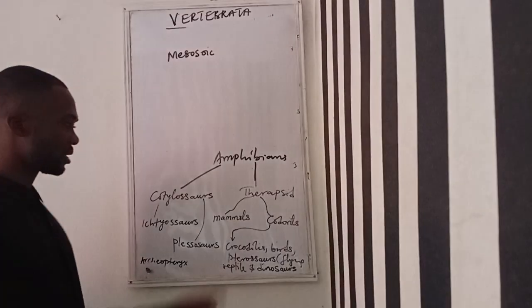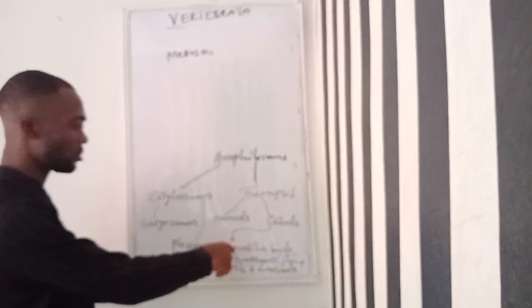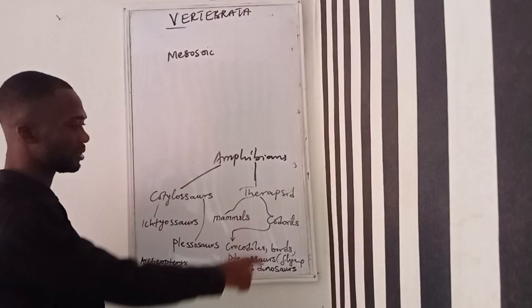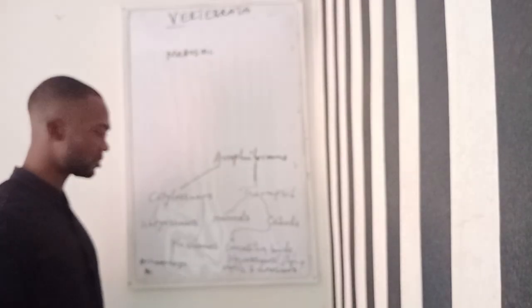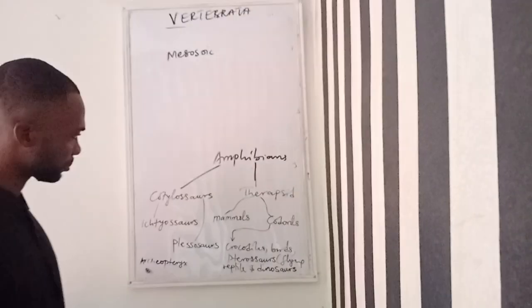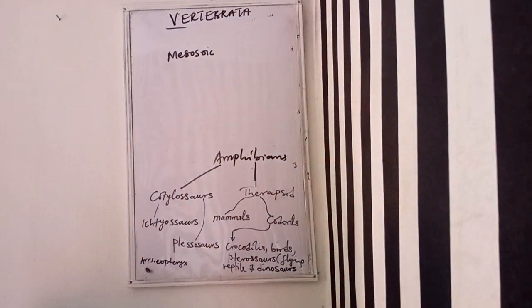Then the codons gave rise to the crocodilia, the birds, then pterosaurs. The pterosaurs are the flying reptiles. This group of flying reptiles called the pterosaurs, and even the dinosaurs, they all came from these codons. So this is the pattern of evolution that you can see.